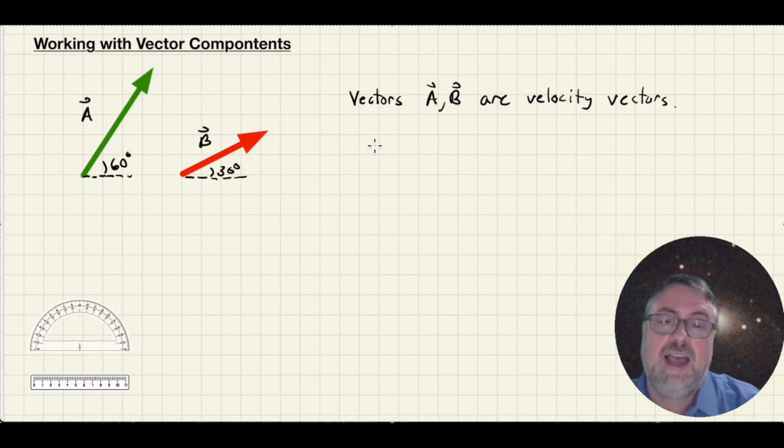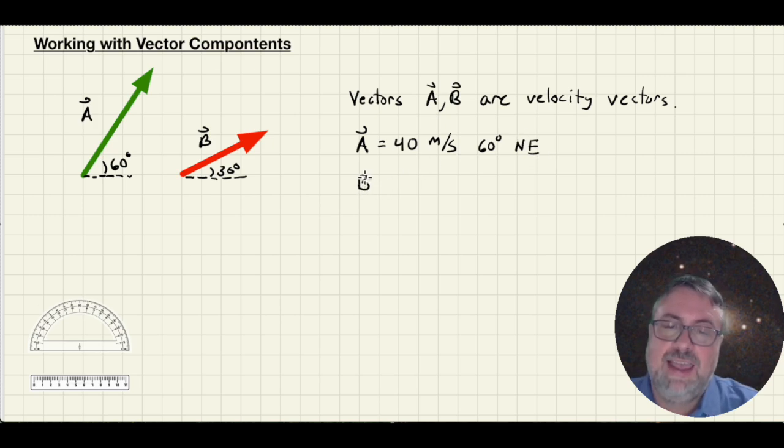But let me define the values. So let's say that vector A represents, let's say this is 40 meters per second. Of course, that is 60 degrees northeast.